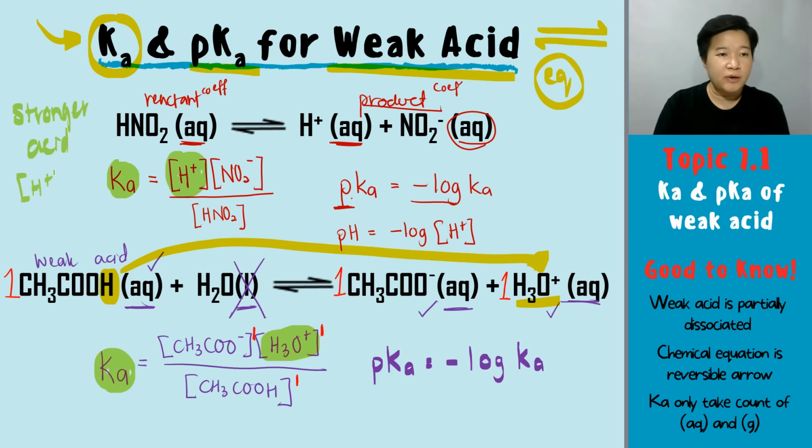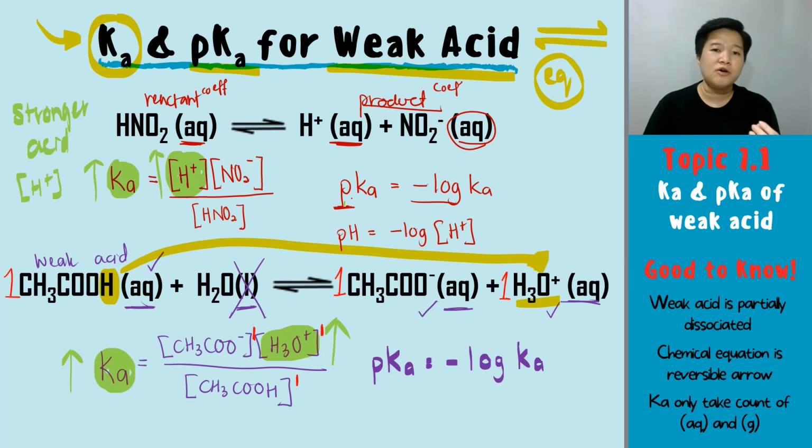So when you have more H plus, what happens to the Ka value? The higher the H plus, the higher the Ka value. They are directly proportional. So the stronger the acid, the higher the H plus, the higher the Ka value.